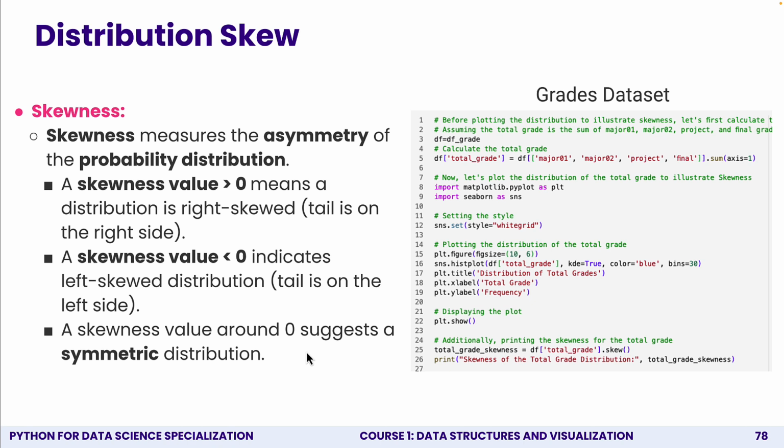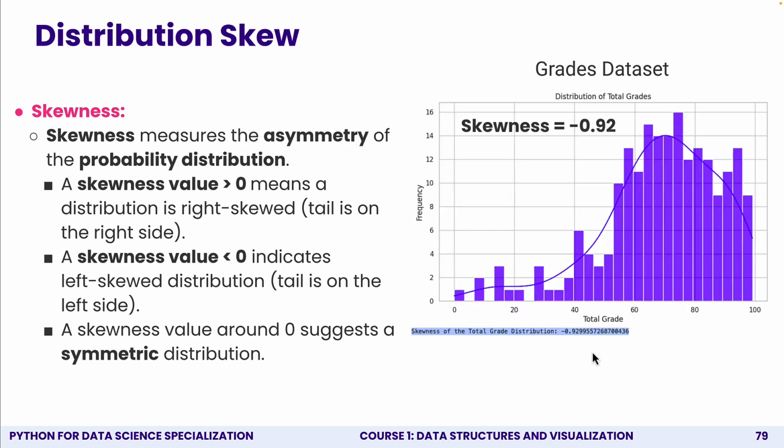This is a script that shows how to calculate the skewness on the grade. I would like to check the total grade of the students and dot skew. And if I have this one, what does it mean? It's skewed to the right, of course, because usually the grade starts from 60 and above, so most of the students are above 60.